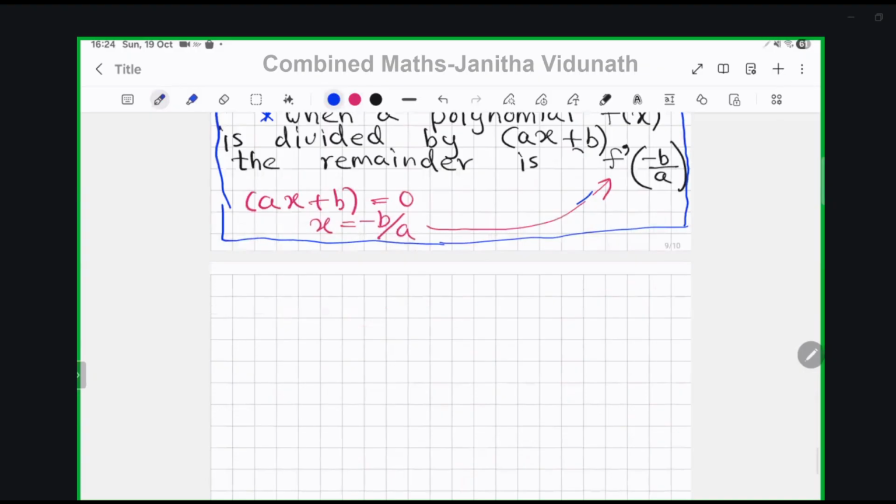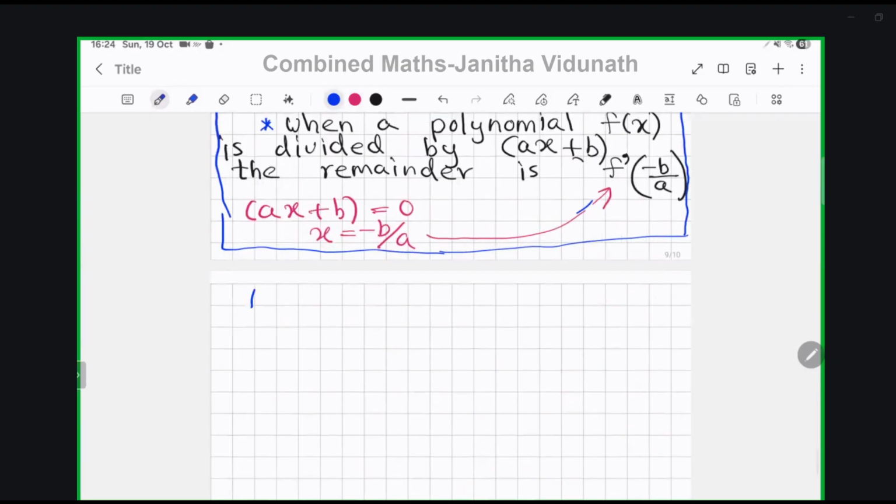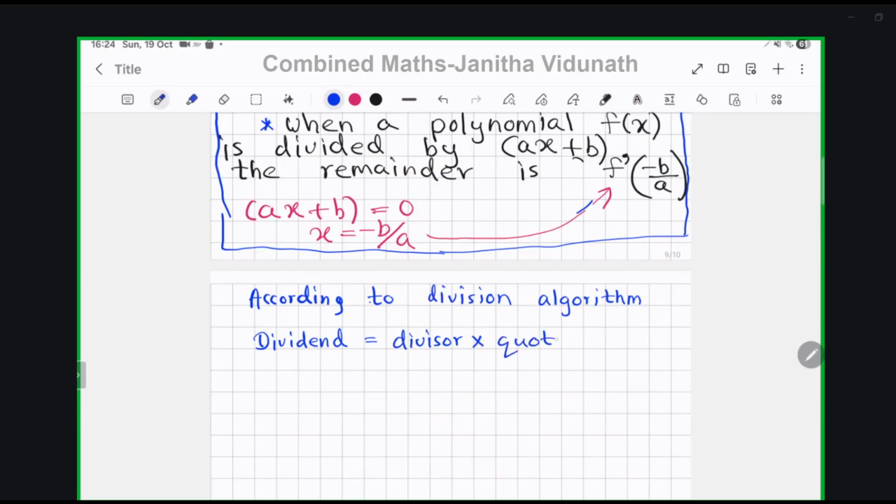According to the division algorithm, we can write dividend is equal to divisor times quotient plus remainder.